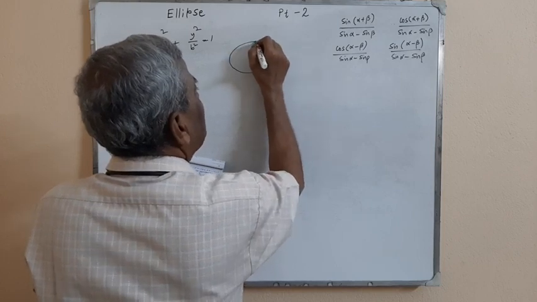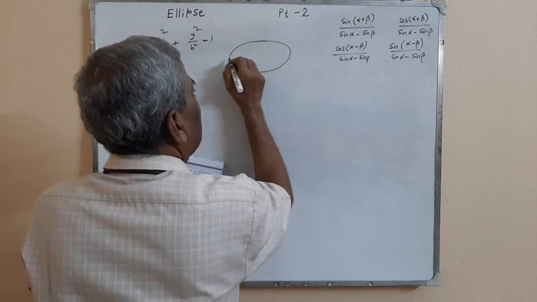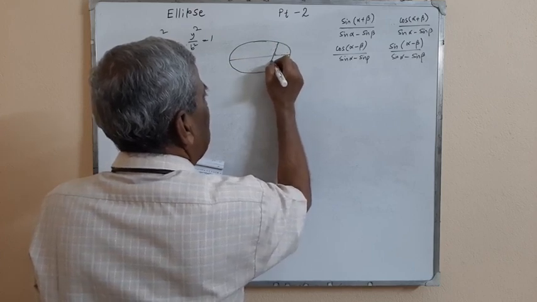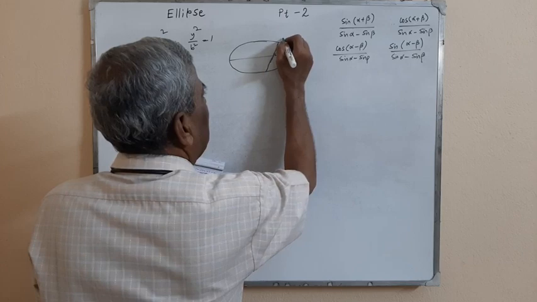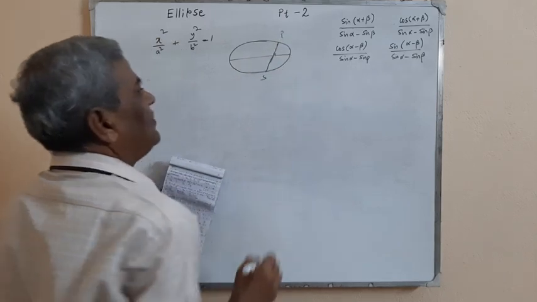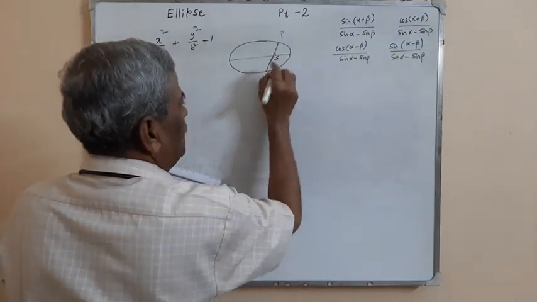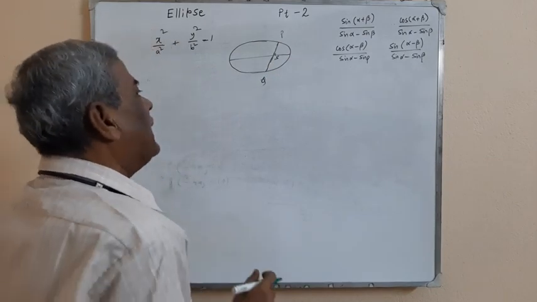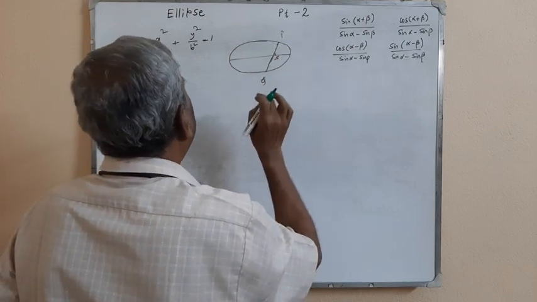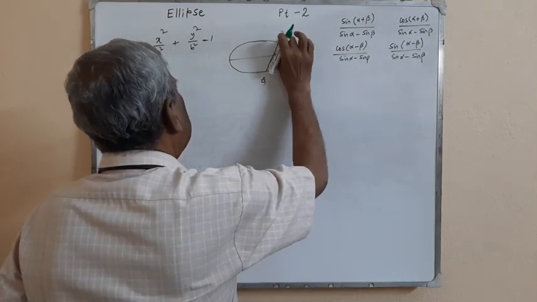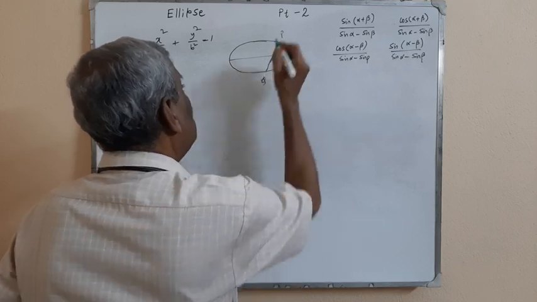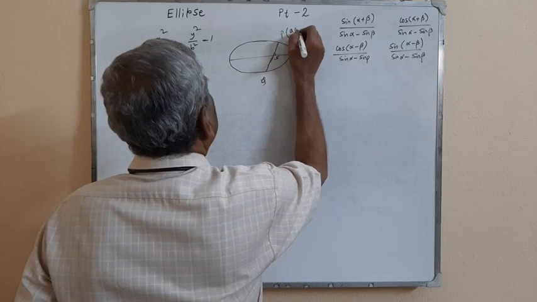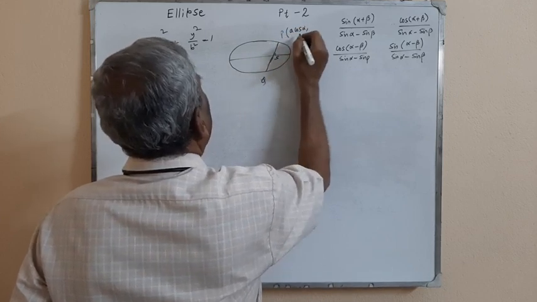Suppose this is the ellipse, this is a focus S, so this is a focal chord PQ, and alpha and beta are the eccentric angles at this point and that point. So the coordinate of P can be taken as a cos alpha, b sin alpha.